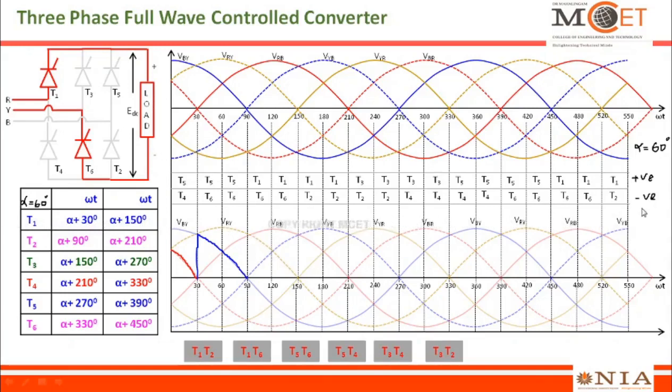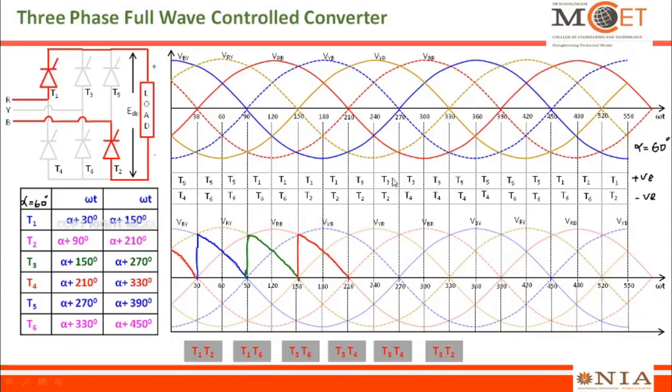So from this point, this voltage will be appearing across the load. In the next 60 degrees, T1 and T2 are conducting. So when T1 and T2 are conducting, VRB will be the voltage which appears across the load. This point is the VRB voltage. So this voltage will appear across the load.